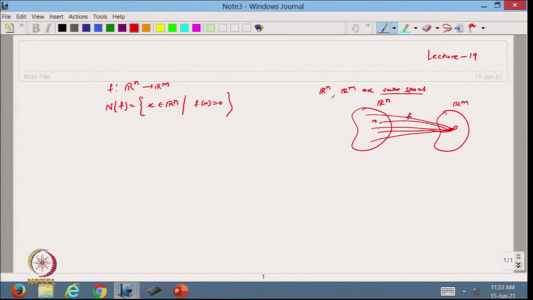So I have just taken these elements belonging to Rn, and that is my set, I call it N(f). Now the question is that this is a subset of Rn.